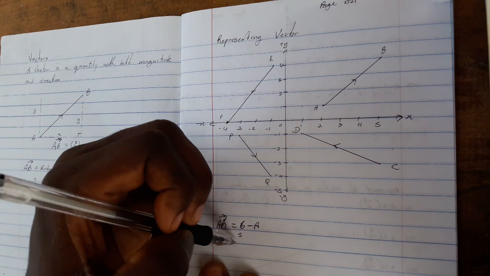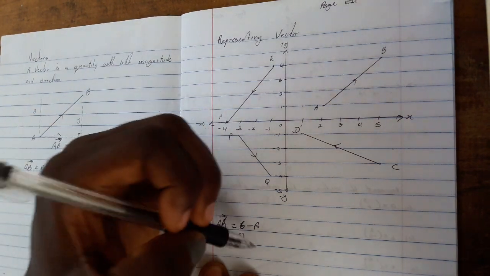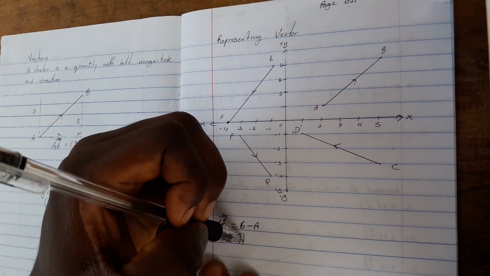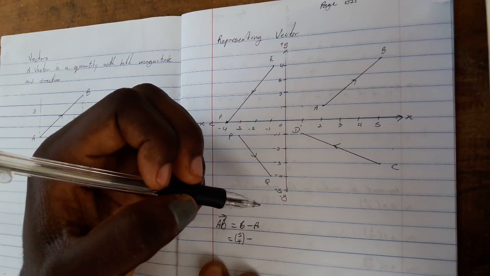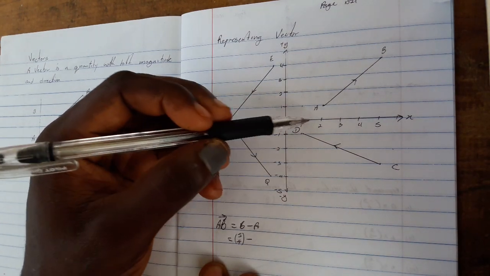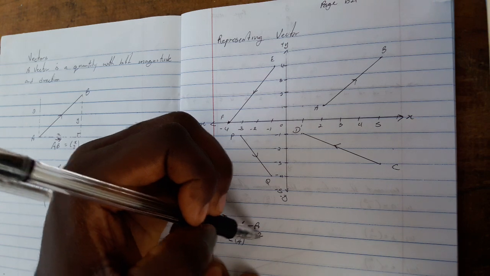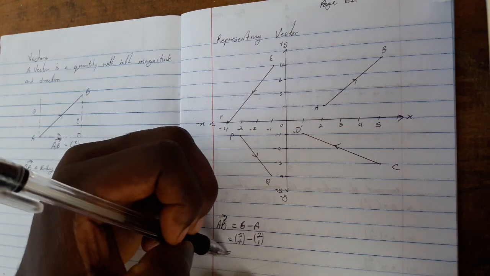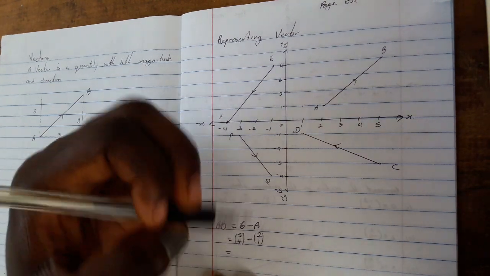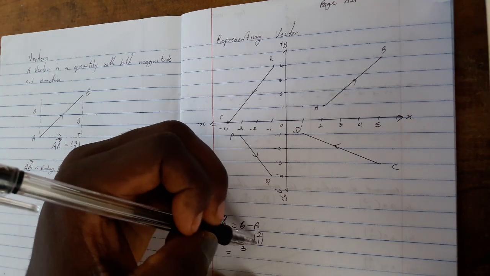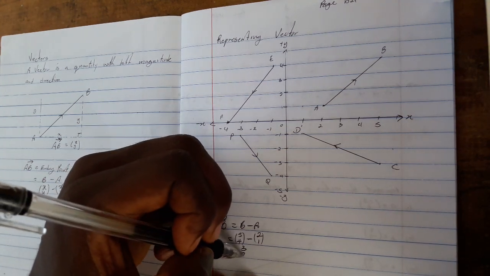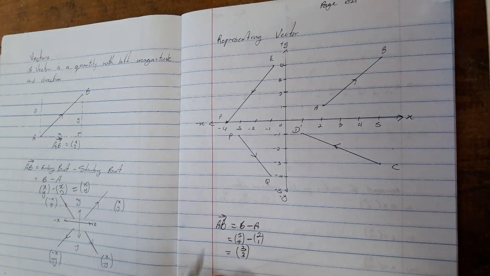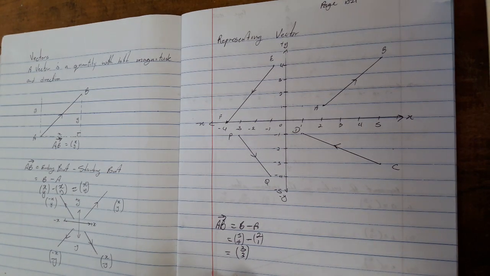So 5 on the x-axis, 4 on the y-axis. Minus A, which is at 2 and 1. 2 on the x-axis, 1 on the y-axis. So this gives you 5 minus 2 is 3, and 4 minus 1 is another 3. So the vector AB is (3, 3).